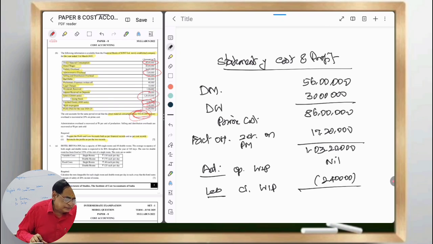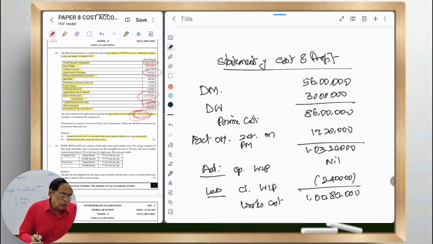So if we deduct, that is works cost. 1,03,20,000 minus 2,40,000.